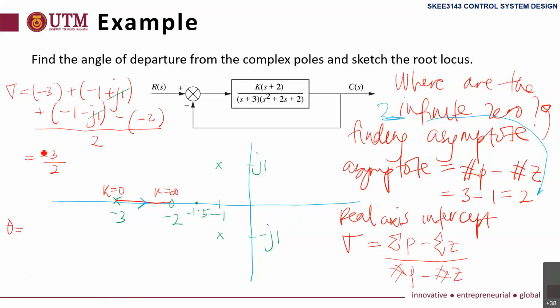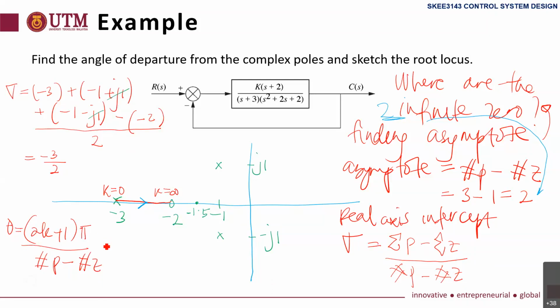2k plus 1, multiplied with pi, over number of poles minus number of zeros. And k is 0, 1, 2, 3, and so on.